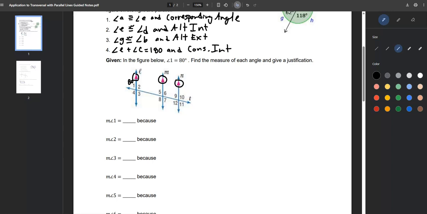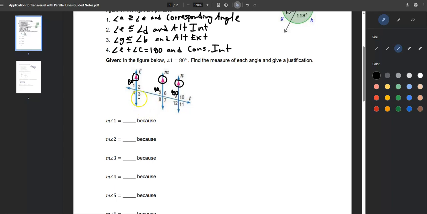So now I'm given that those lines are parallel, and I'm given one angle is 80. Well, guys, I can apply this. Angle 1 is in the upper left, 5 is in the upper left, so this has to be 80. If I go 1 and 5, 5 and 9, those are also all upper left corners, so they're going to be all 80 because of the corresponding angles.